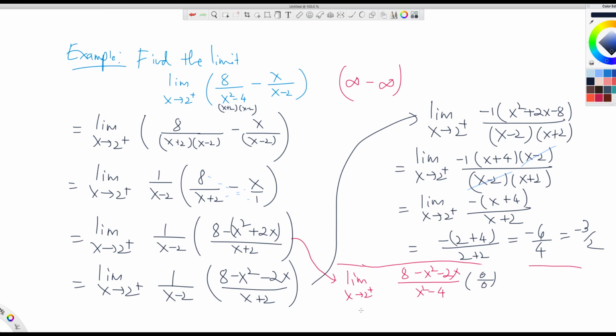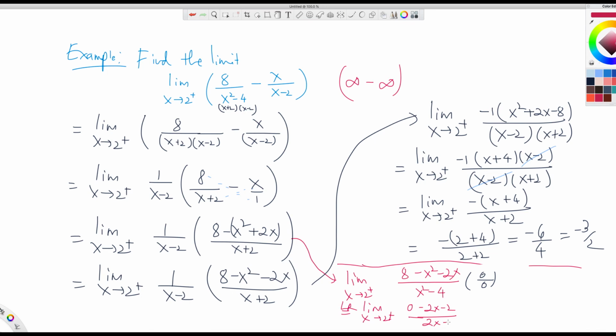So if you do that, you will basically get limit x tends to 2 plus, let me write L'Hopital's rule there, 0 minus 2x minus 2 divided by 2x, right? Because the derivative of 8 is 0, derivative of negative x squared is negative 2x, minus derivative of 2x is negative 2, divided by derivative of x squared is 2x, and then minus 0.